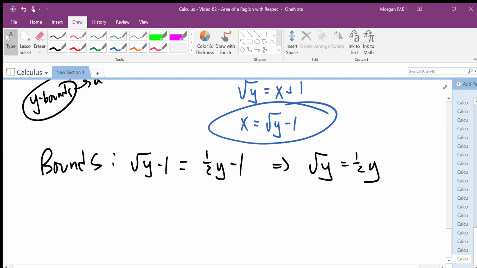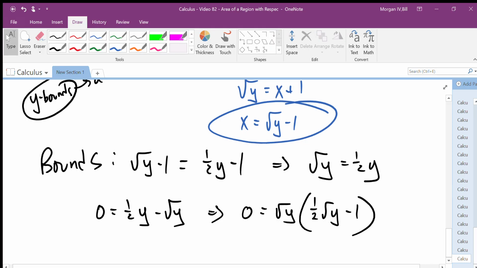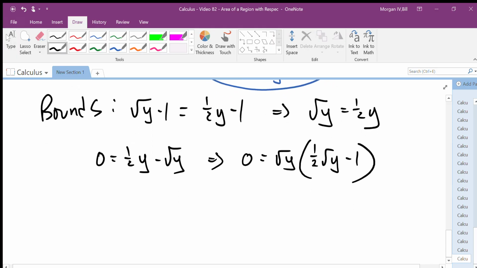Let's move everything to one side, and so I get 0 is equal to 1/2 y minus root y. Factoring out a square root of y, 0 is equal to square root of y, that would be 1/2 root y minus 1. Separating these, zero factor property says that root y equals 0, and 1/2 root y minus 1 equals 0.